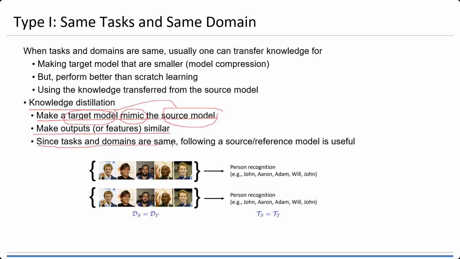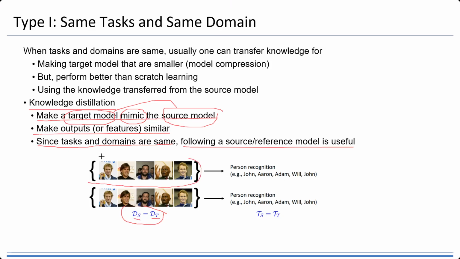Since the task and the domains are the same, following a reference model is useful. For example, we have the domain of the source equal to the domain of the target.